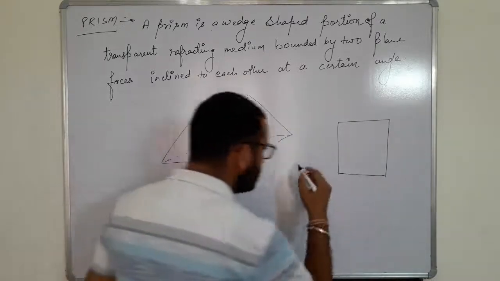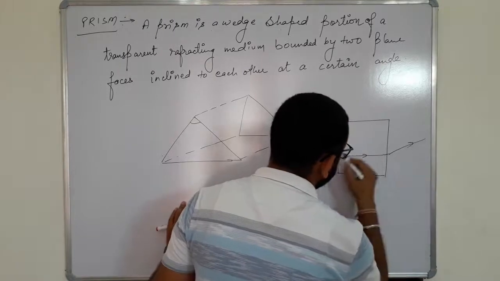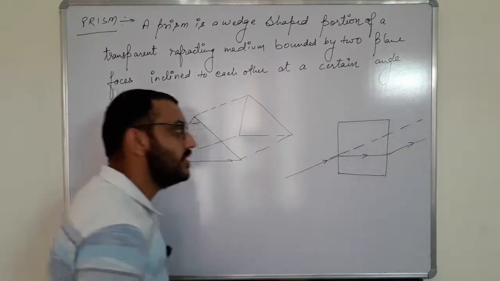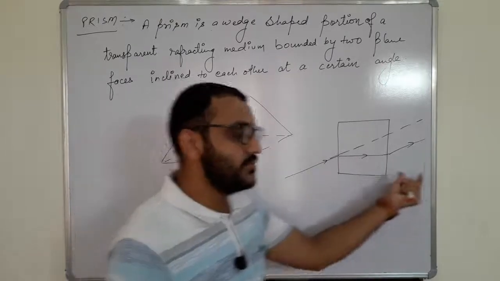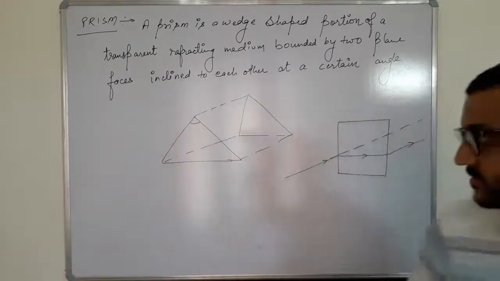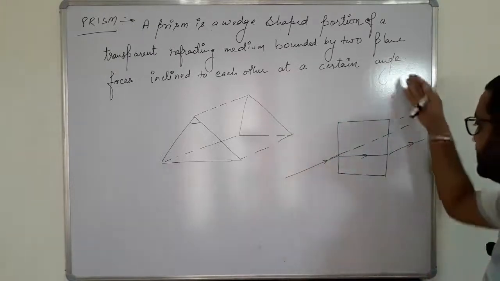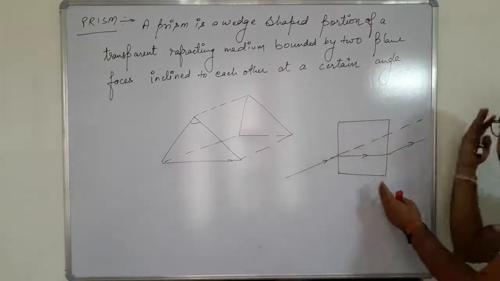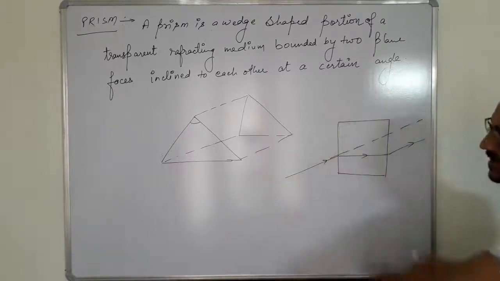If the ray is incident like this and after refraction it goes like this, the incident ray is striking the surface and the emergent ray comes out from the other surface; both surfaces are parallel, so this will be a glass slab.